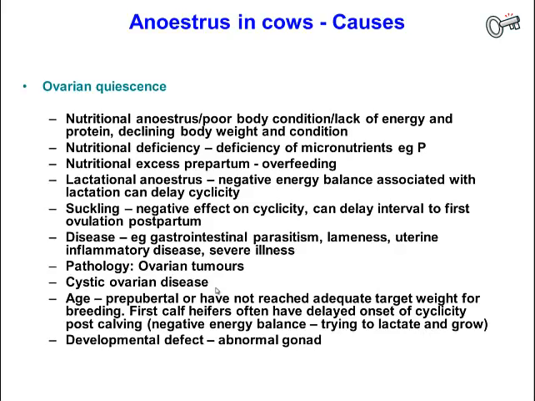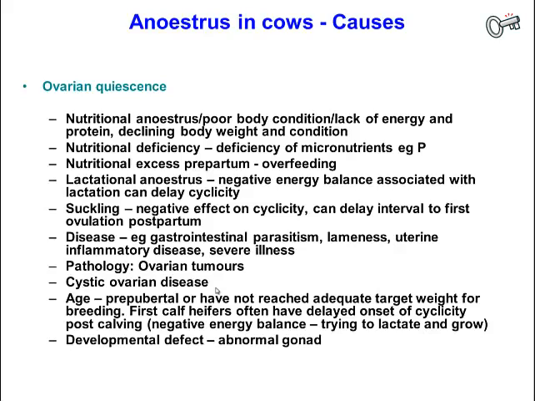If the cows are prepubertal and haven't reached their target weight for breeding, then they're more likely to be anestrus, that is, not showing signs of heat and not ovulating. If you're a first calf heifer and you've had your first calf, and you're still trying to grow and trying to milk at the same time, then you're likely to be in negative energy balance. Not a good situation to get pregnant according to their body.